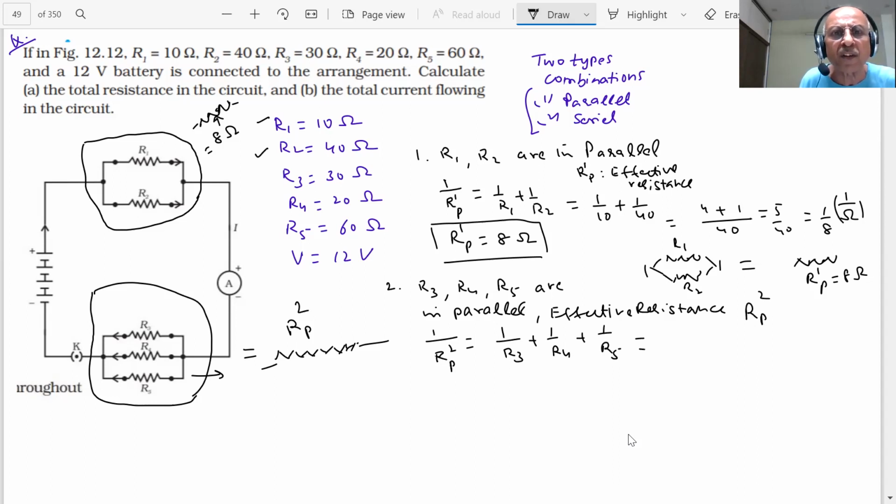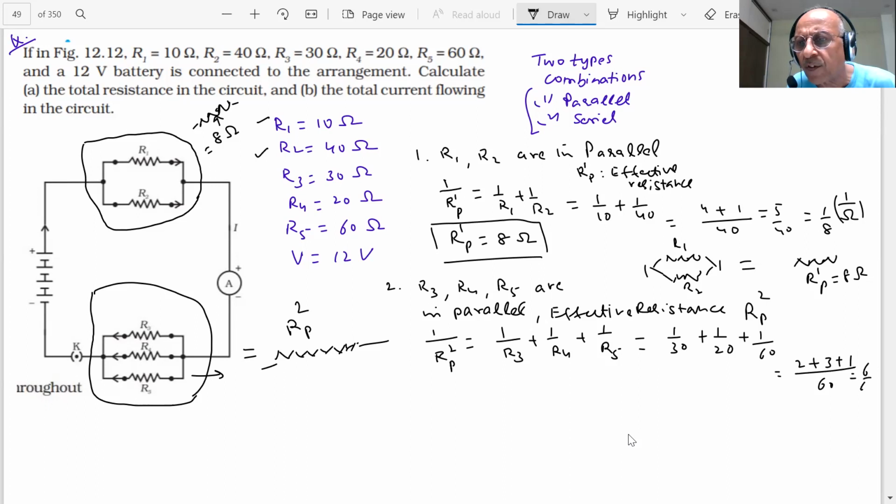What is the value of R3? 30 ohms. 1 by 30, 1 by 20, 1 by 60. Am I right? Yes, sir. The sum is 6 by 60. Then what is the value of RP2, students? So 10 ohms.